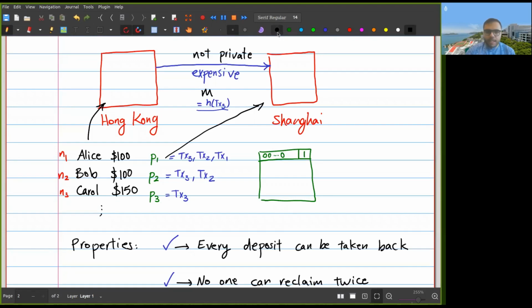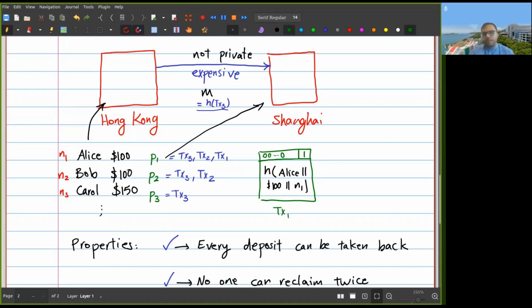But now instead, I just put the hash of the name, so Alice, concatenated with the amount, so $100, and concatenated with this nonce, this random number that Alice chose, N1. Okay. So that's what I put in this transaction, and this is my first transaction.